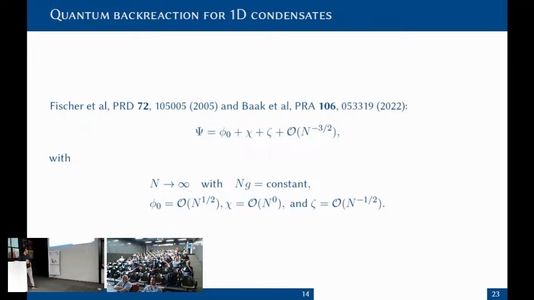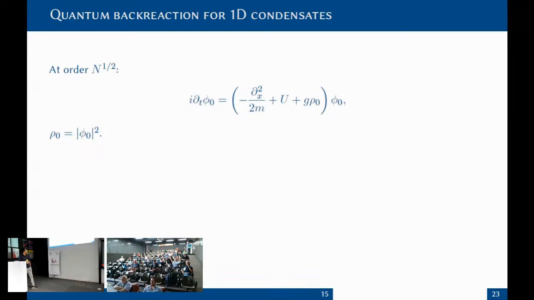So let's follow this back reaction scheme in which we actually expand the wave function in a dominant part plus the quantum fluctuations plus the smaller order corrections. So this phi 0 is of order square root of n. This chi is of order 1, and this zeta is of order n to the minus 1/2.